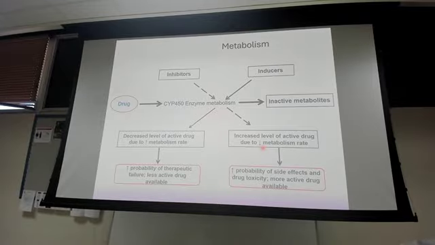So, if I slow down the metabolism of this drug, now I have more drug hanging out in my body. Therefore, I'm likely to see more side effects. I'm likely to see more toxicity because I'm not making it to my inactive metabolite product to get eliminated. I'm just hanging out.